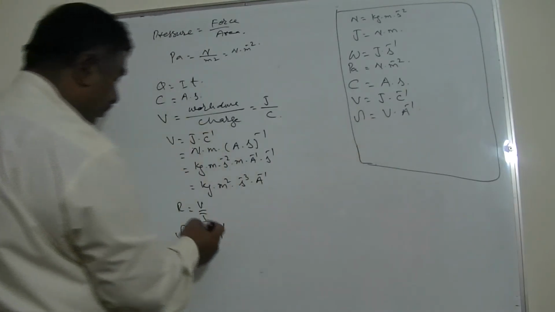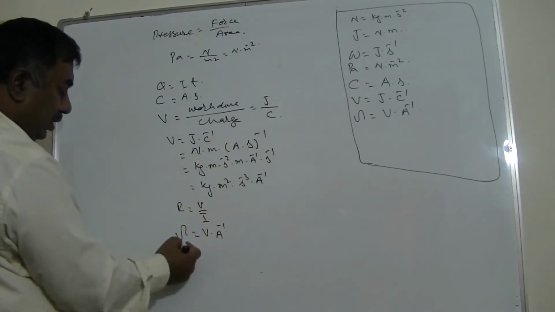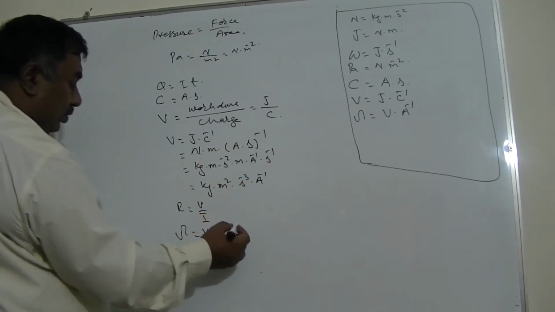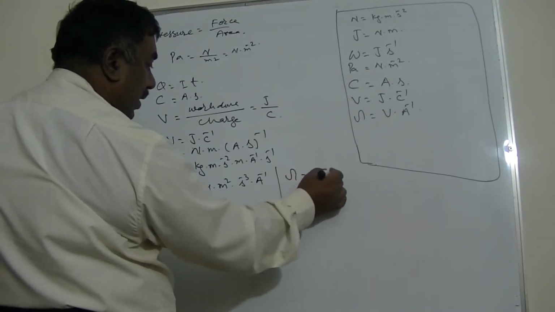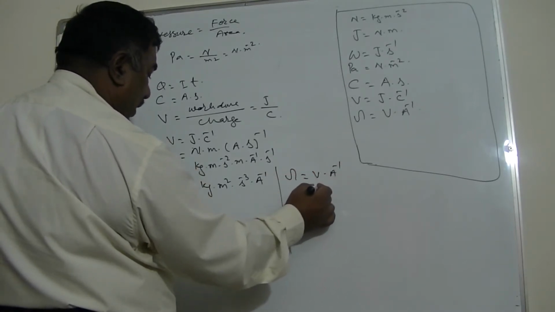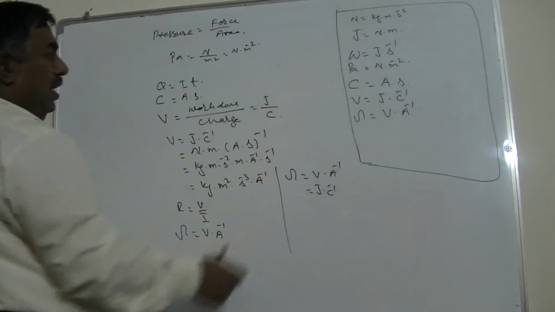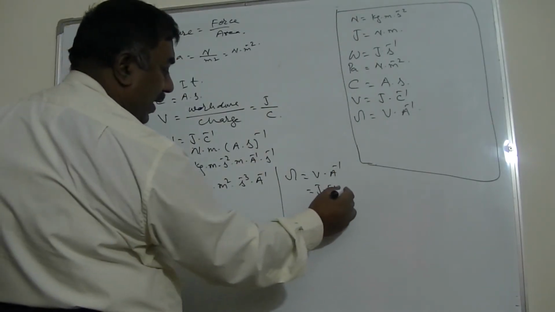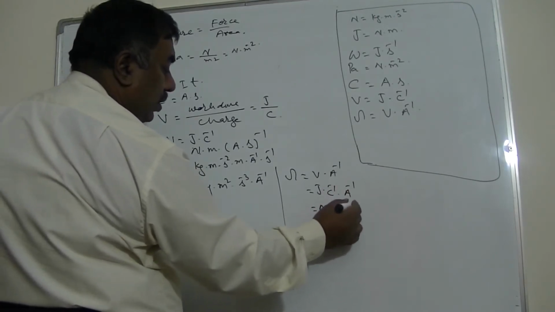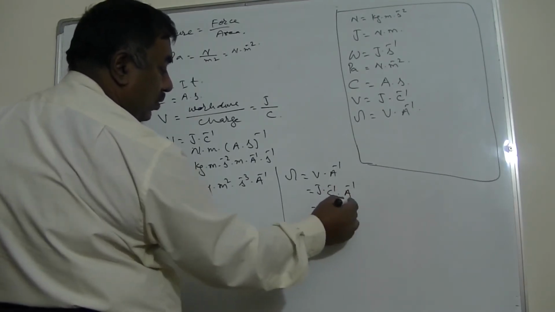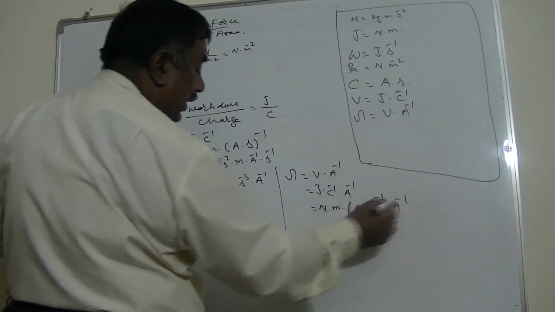Volt is this one. If you do not remember, you can directly calculate from this list. So if ohm is volt per ampere, then volt is actually joule per coulomb. You have to rely on this list. Volt is joule per coulomb per ampere. Then joule is Newton into meter, and coulomb is ampere into second, with ampere power minus 1.